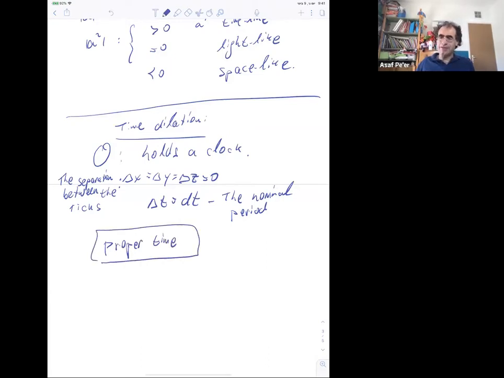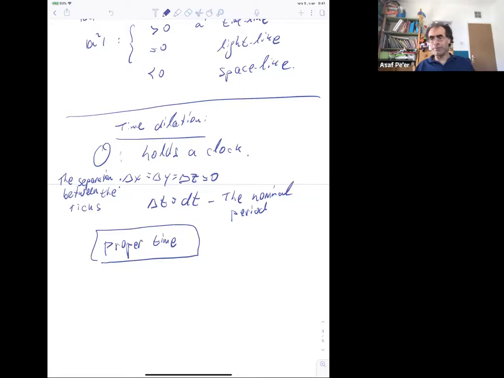So proper time is the time that the clock ticks in a frame which is not moving at all. I'm talking about clocks, but you can think of a cosmic ray particle that decays in the atmosphere. It may be seen to us as moving very fast, close to the speed of light, which it really is relative to us.